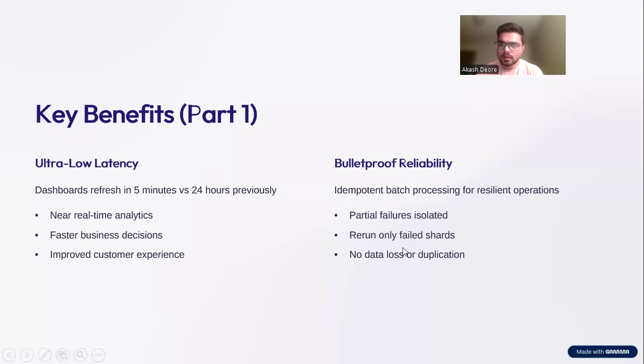We can rerun a single thread, and that is why even if a single job fails, it doesn't affect other batches, because we are running data batch wise. If one batch fails, we can always run that batch only, and this helps us keep data loss or duplication to the minimum, or we can say no data duplication or loss happens here.